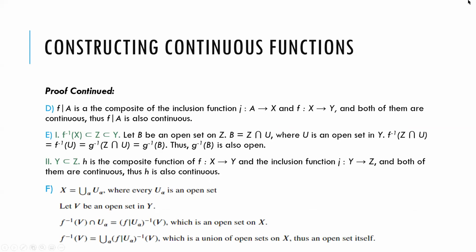So our proof for D, which was for when we limit the domain, states that the function with restricted domain is the composite of the inclusion function J, which maps A into X, and then of F, which maps X into Y, and both of them are continuous, thus the restricted function would also be continuous.